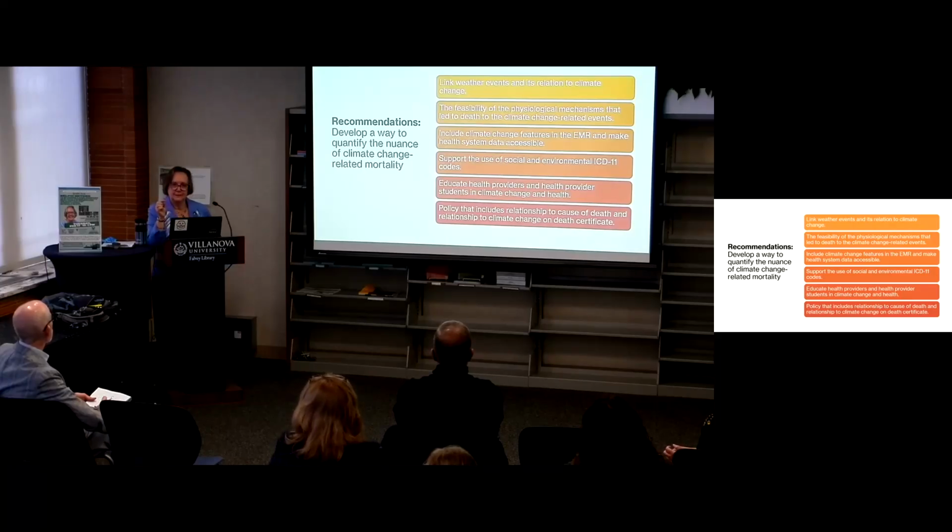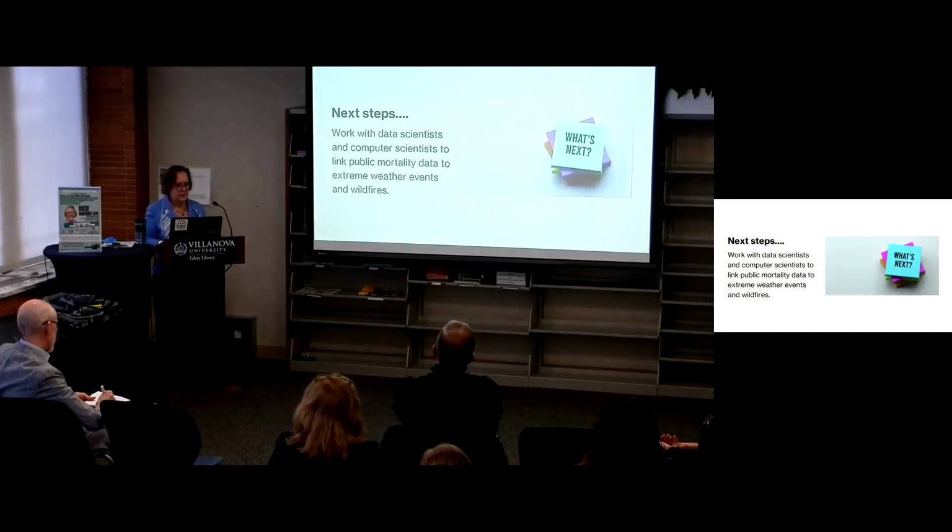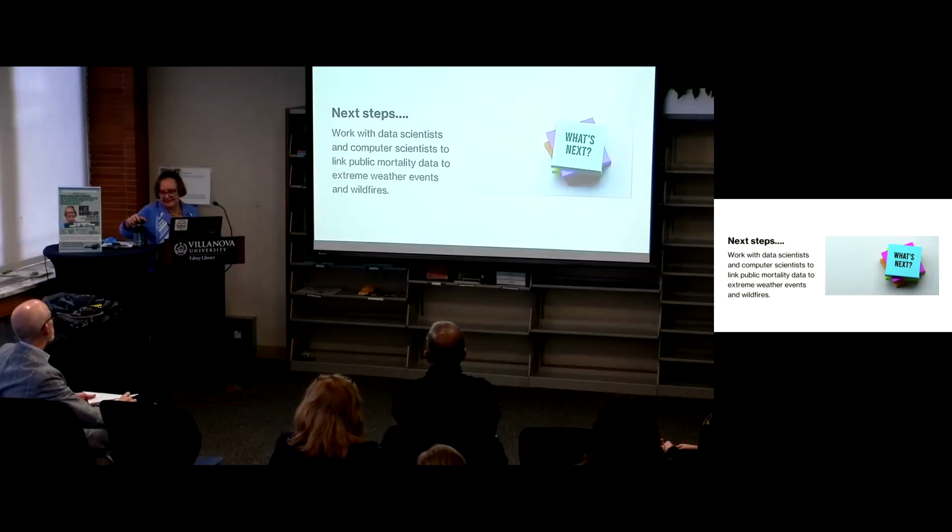So maybe we can get some states, I don't think we can get all of them, we know who they are, but maybe we can get some states that would go for, this is a climate change-related death, to start as a pilot. I just think of some states that might be willing to do that. I hate when we have to do this, but we have to do this to keep this moving forward, because I do believe this is really important.